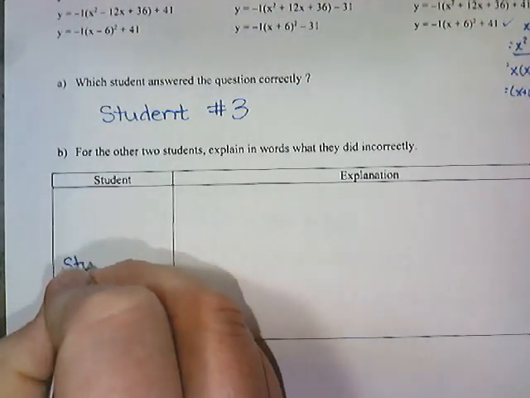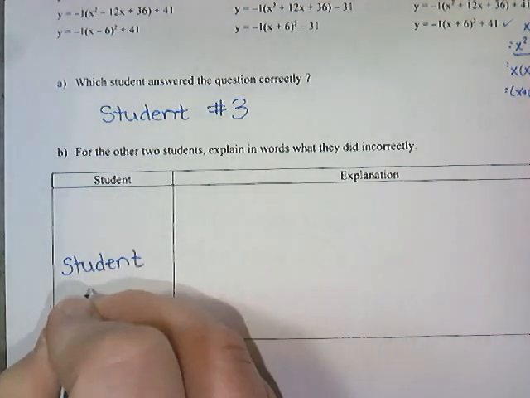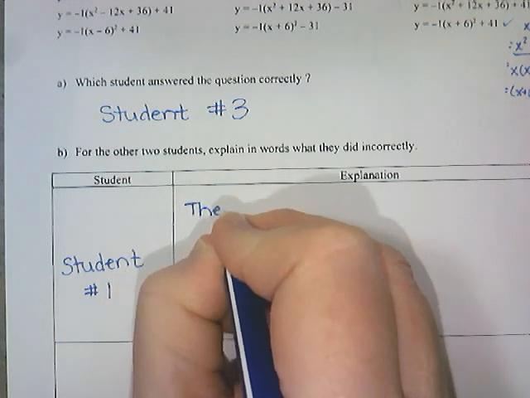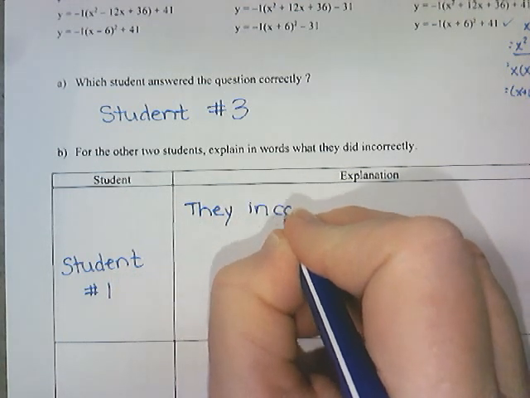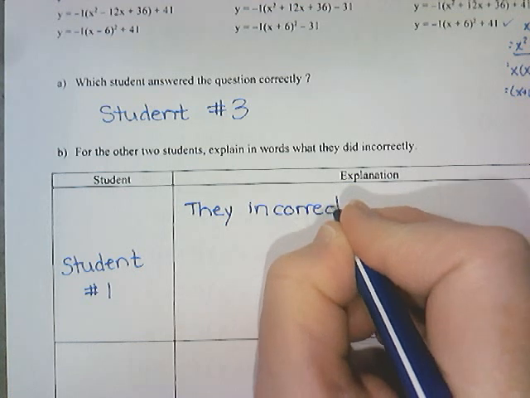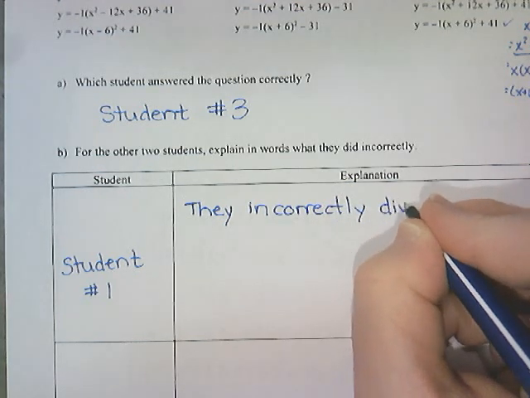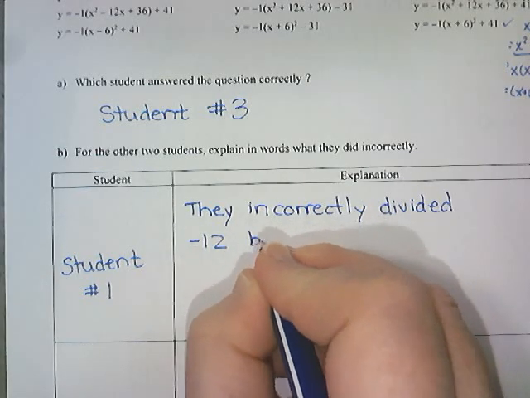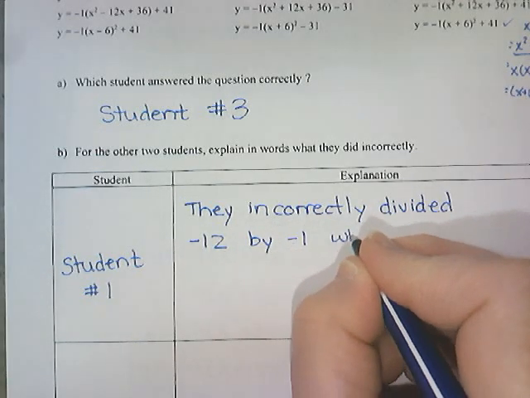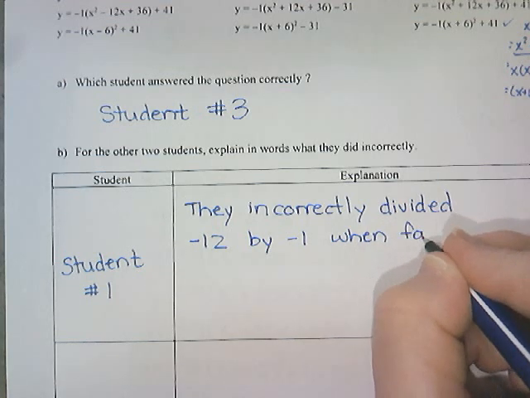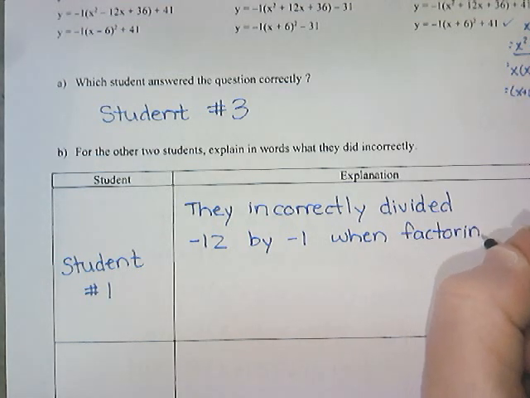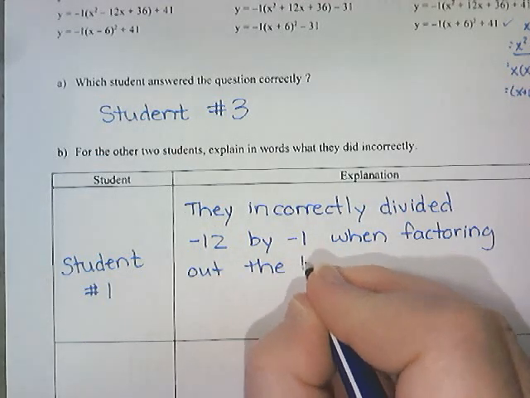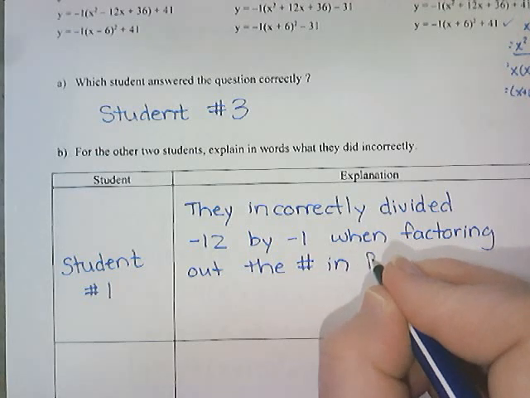student number 1, what did they do? They incorrectly divided -12 by -1 when factoring out the number in front of x squared.